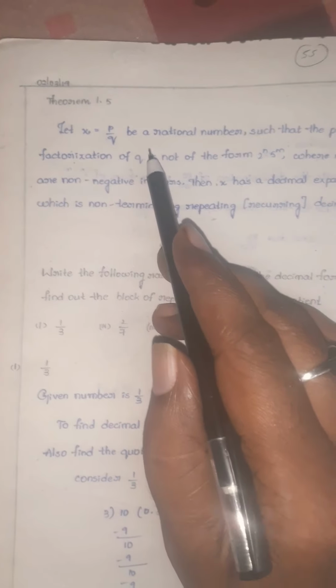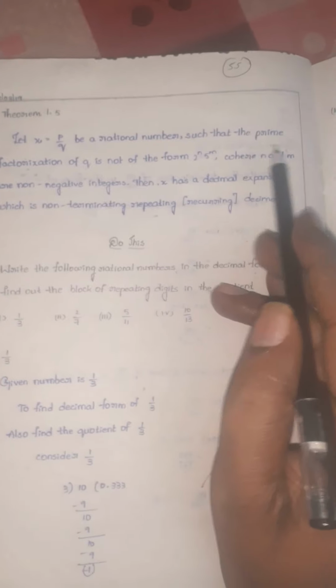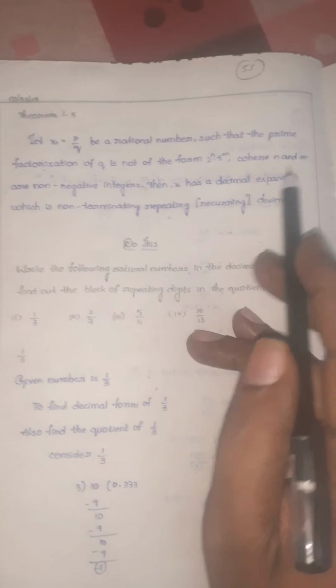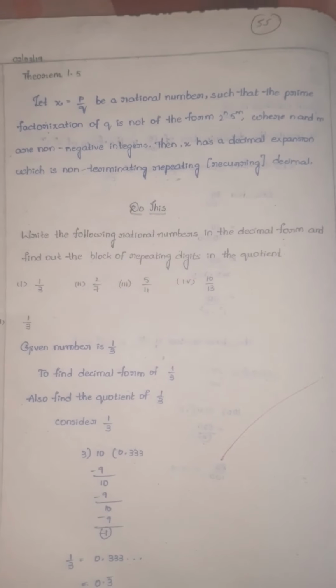Next theorem, 1.5. Let x is equal to p by q be a rational number such that the prime factorization of q is not of the form 2 power n into 5 power m, where n and m are non-negative integers.